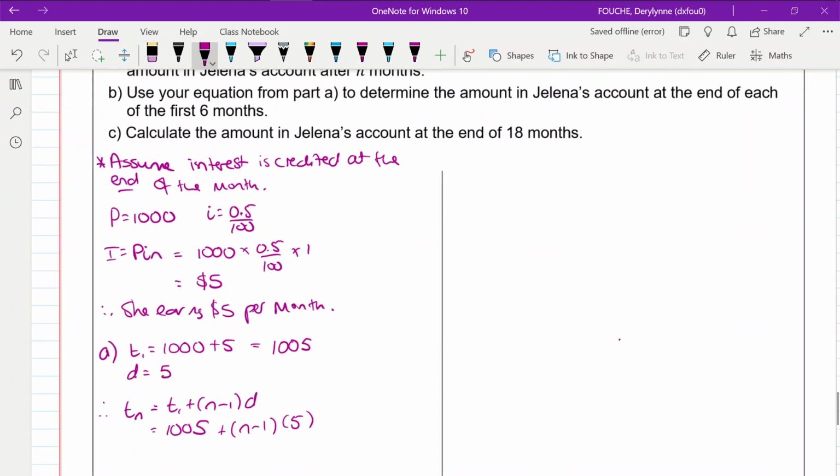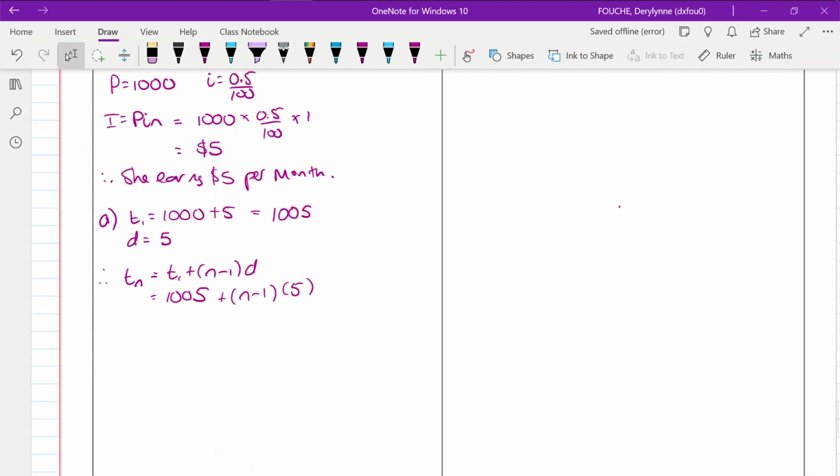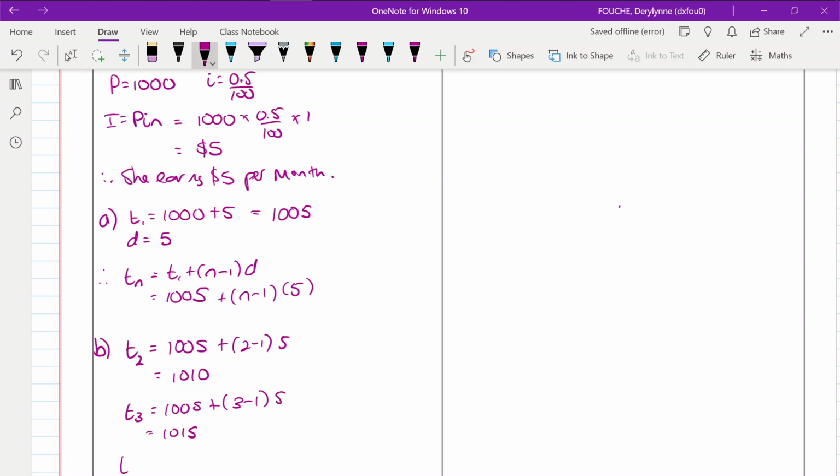B, use your equation to determine the amount at the end of the first 6 months. Okay, so at the end of month 1, we've already got that she's got 1,005. So T2 will be your 1,005 plus 2 take 1 times 5. That'll be 1,010. T3 will be 1,005 plus 3 take 1 times 5, 1,015.